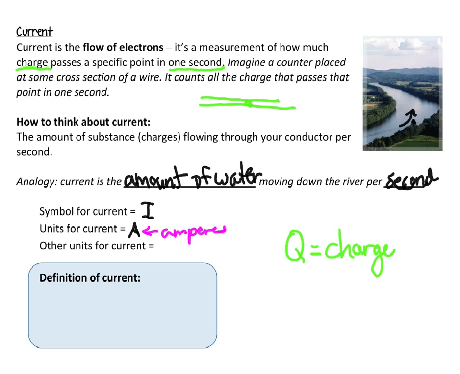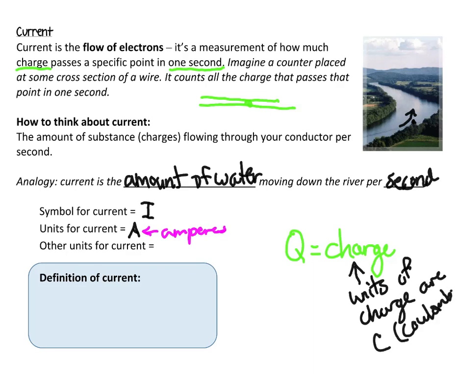But another unit, if we think about current as a charge per second, how much charge is moving per second, well, the units of charge are called coulombs. So it's a capital C for a coulomb. So another unit for current is a coulomb per second, right? How much charge passes per second.